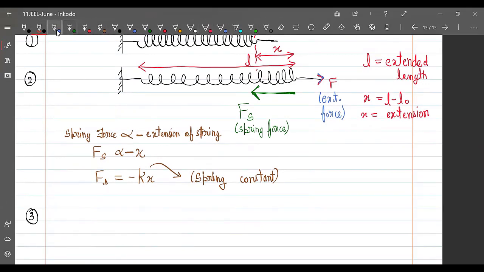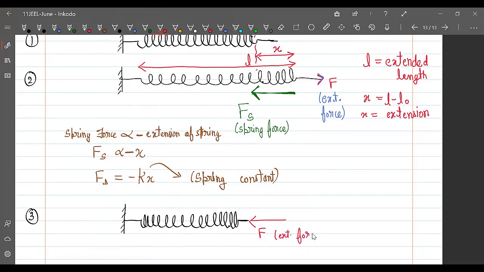So the mathematics is very similar. When you compress the spring, you're basically applying force in the opposite direction. Instead of extension, there will be compression. This F is the external force, in the opposite direction.